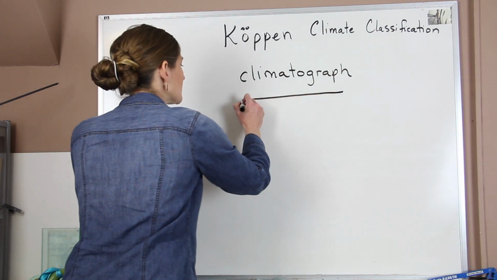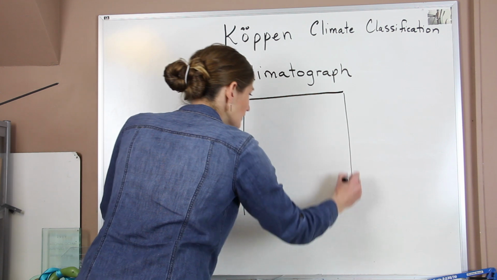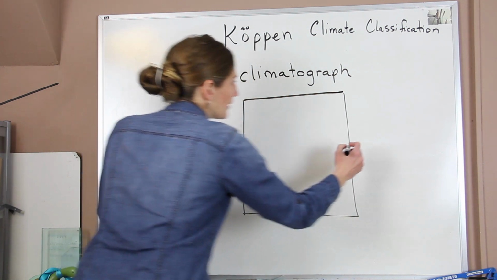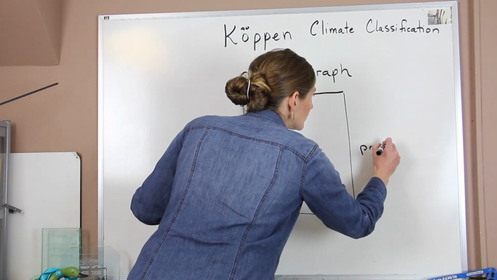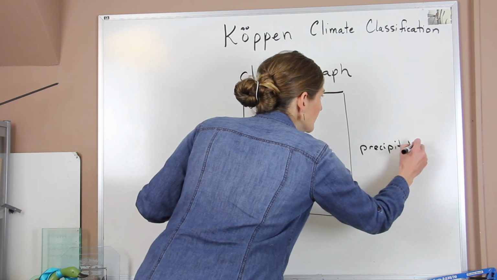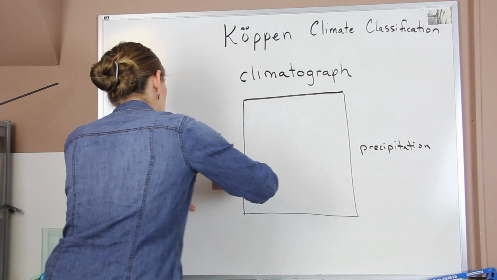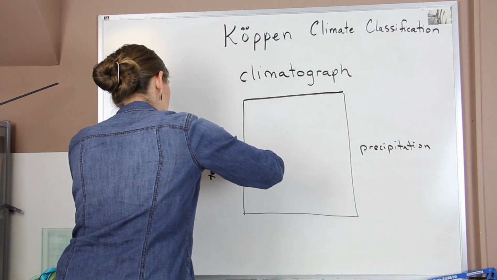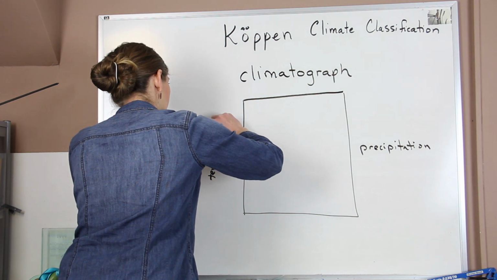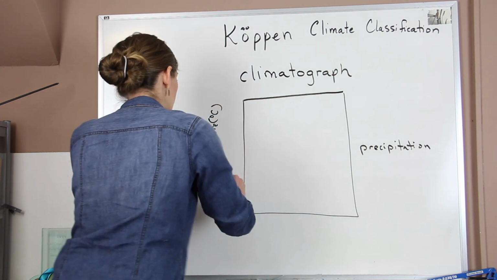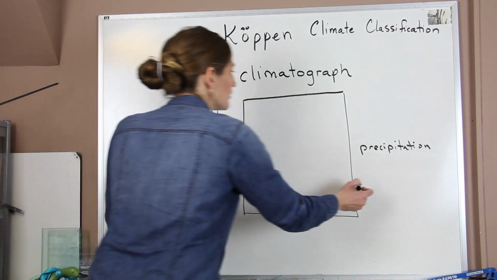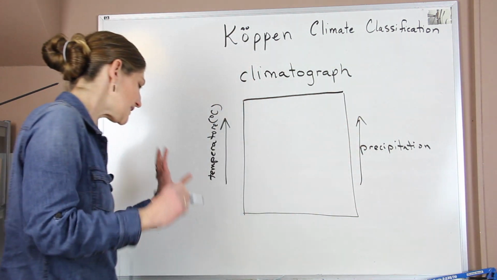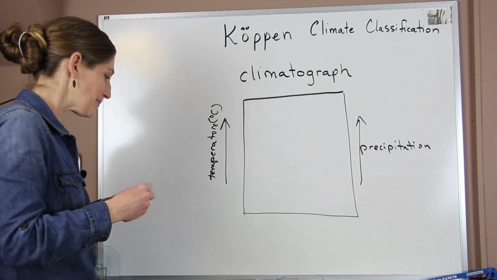There's usually some sort of box, and you'll have precipitation on one side and temperature on the other. Usually temperature is going up this way and precipitation also increases.